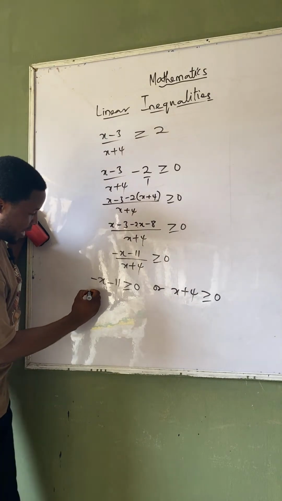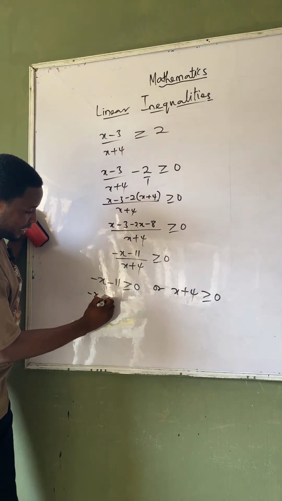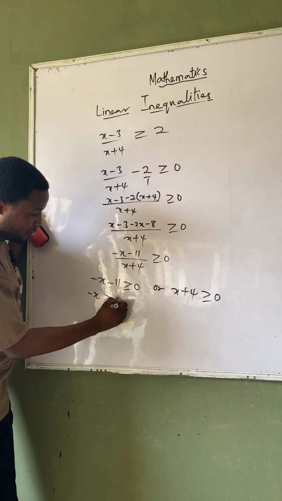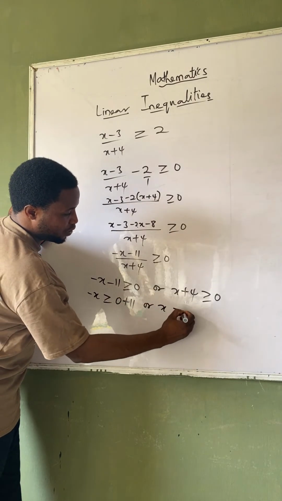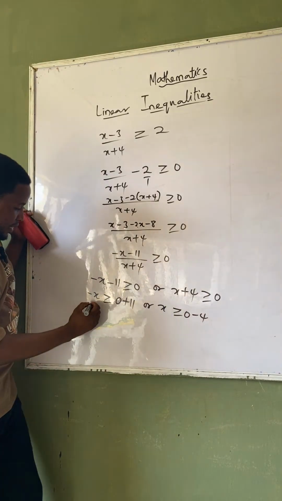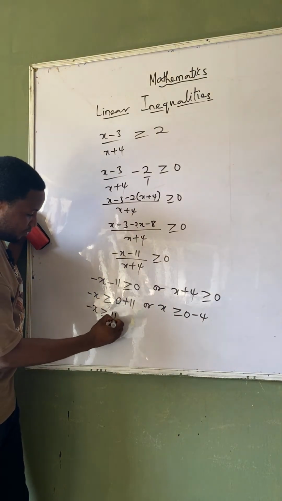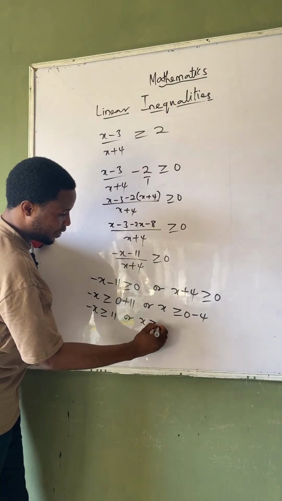I'm going to solve. So I have minus x greater than or equal to, this one will move here, that is 0 plus 11, or x greater than or equal to 0 minus 4. So we have minus x greater than or equal to 11, or x greater than or equal to minus 4.